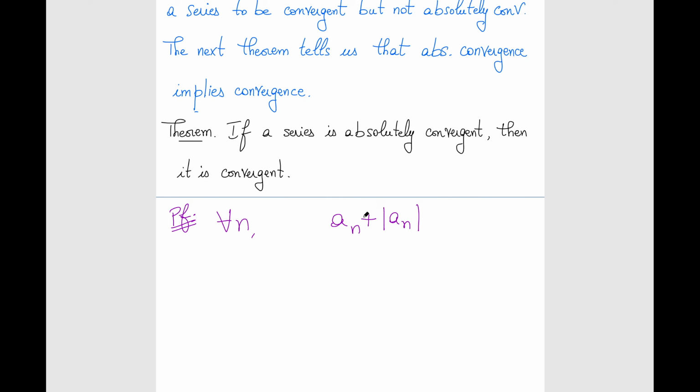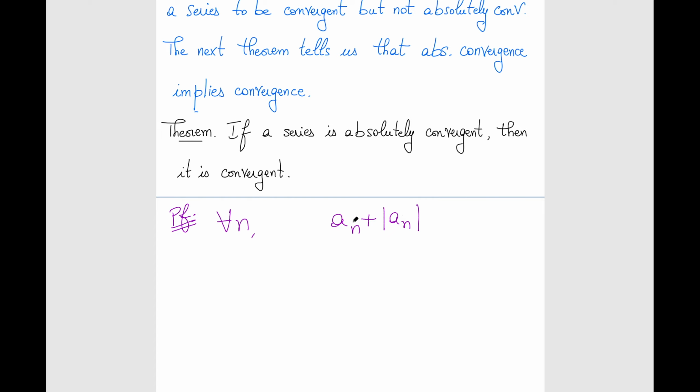Now, if a_n is negative, you add it to the absolute value of that number, and the absolute value of a negative number is minus that number, right? So this whole thing becomes a_n minus a_n.